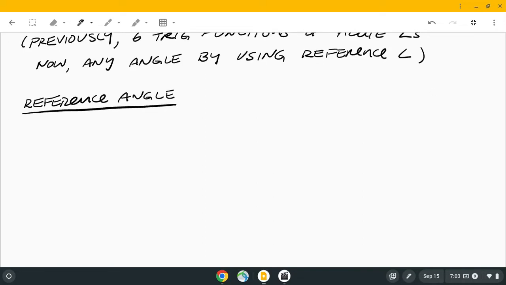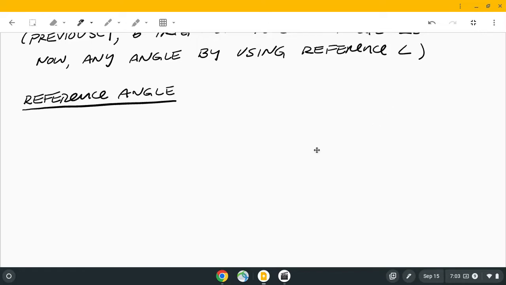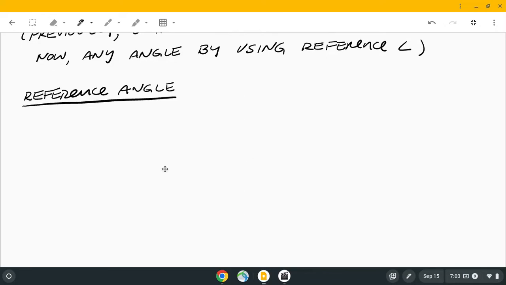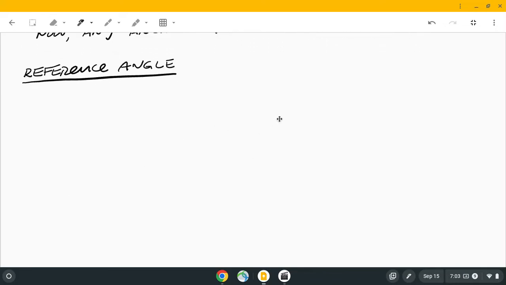So hopefully you still remember what the sine, cosine, tangent are of those 3 angles, because they play a big role here in finding the trig functions of non-acute angles. So maybe like 135 degrees. Okay. All right. So reference angle.